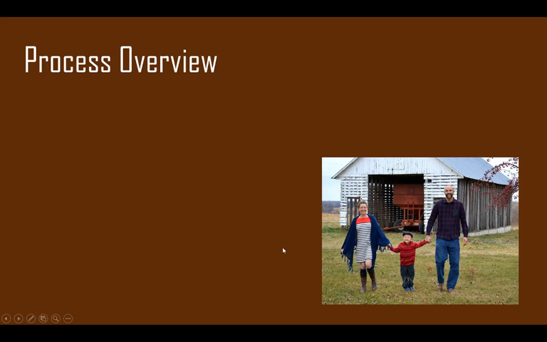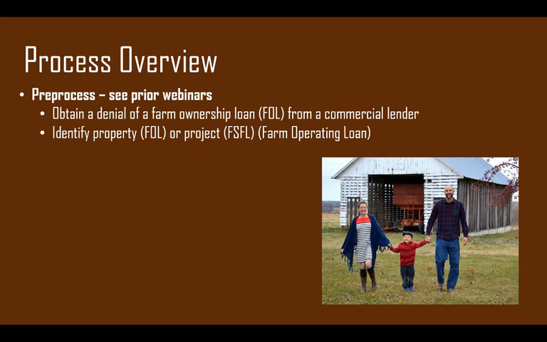So this is an overview of the application process, and there are a couple of steps that you'll want to take prior to this process, and you can learn more details about these steps in prior webinars. But the first is that if you are looking to obtain a farm ownership loan through FSA, you will need a denial of a farm ownership loan eligibility from a commercial lender.